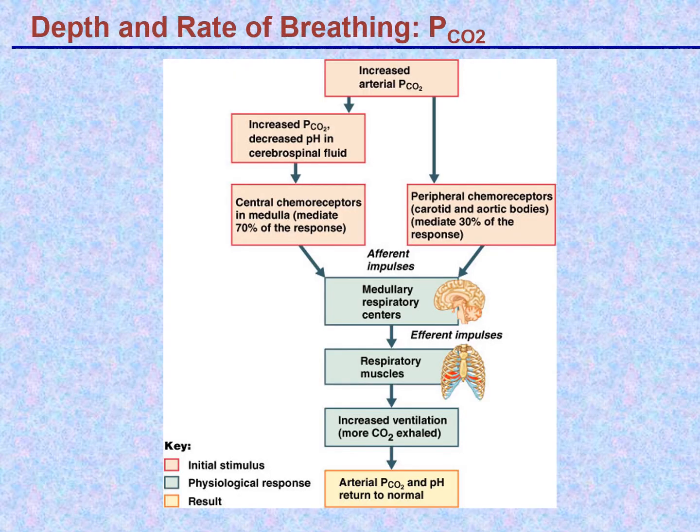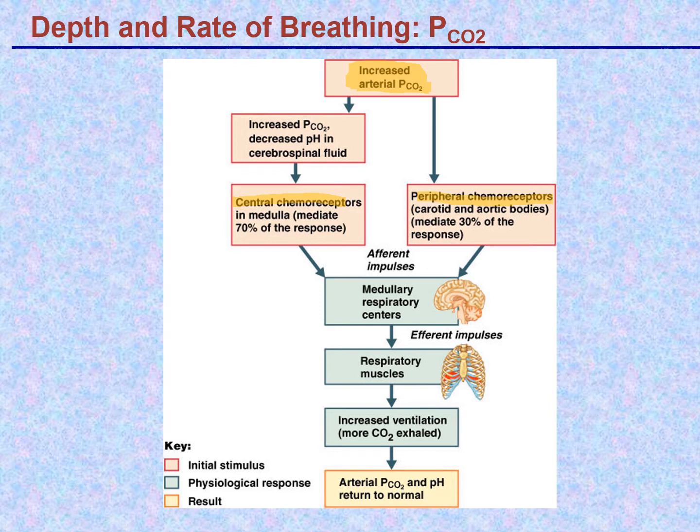So here you see another diagram showing that initial stimulus. This is the variable that changes, PCO2, and the effects it triggers, both in terms of central chemoreceptors and peripheral chemoreceptors.